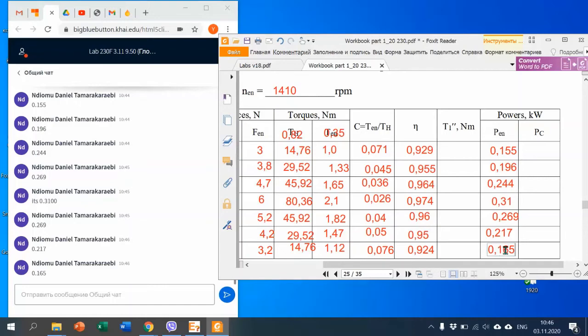So, do you see, we applied in kilowatts less than half kilowatt power. We usually use this power to overcome resistances in all elements we considered in the previous laboratory work.